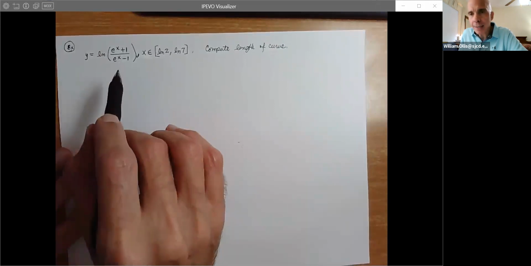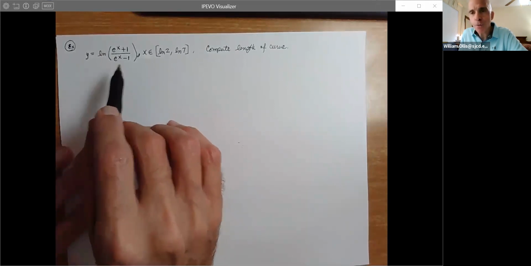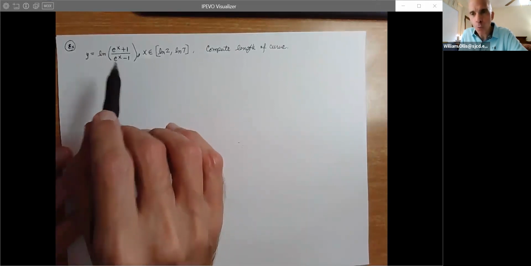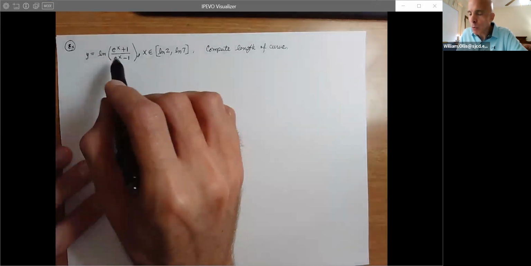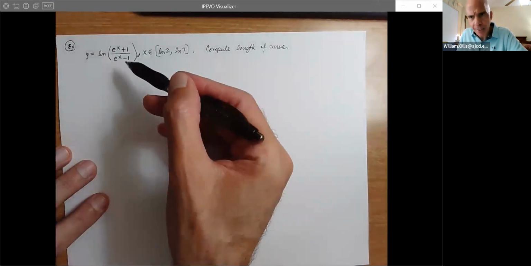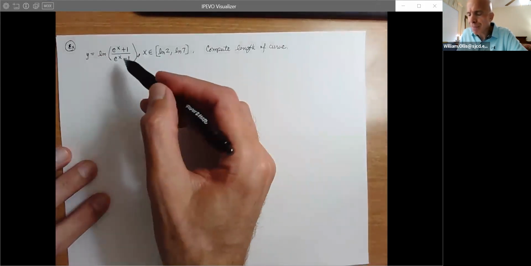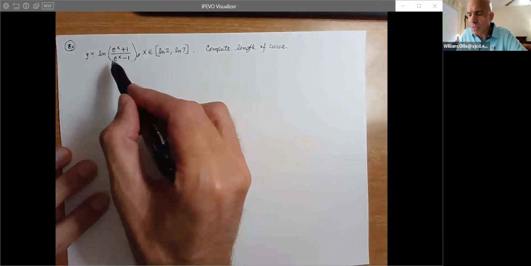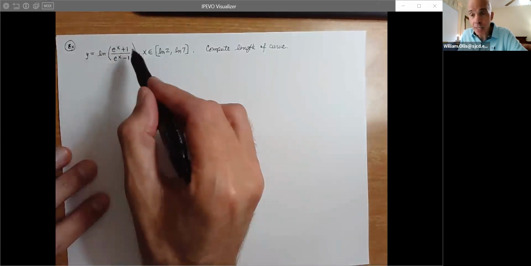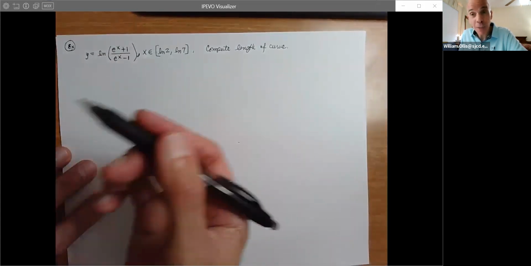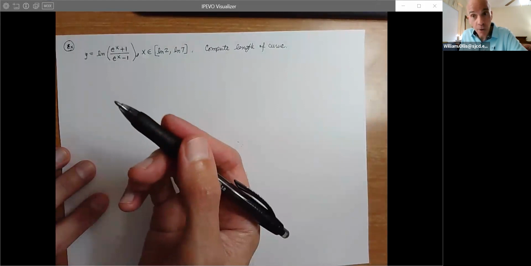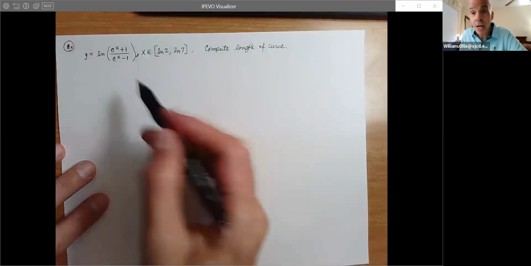Remember, an identity is an equation that is true for all values of the variables for which it is defined. So we're thinking, well, we could reciprocate this and then use the quotient rule, and we're thinking, no. I try to teach my Calculus 1 kids to go ahead and use the identities of the logarithm and hopefully make a simpler derivative.